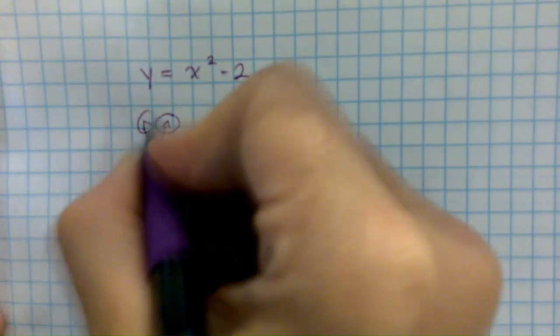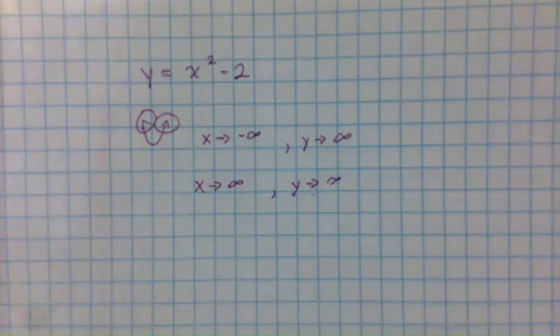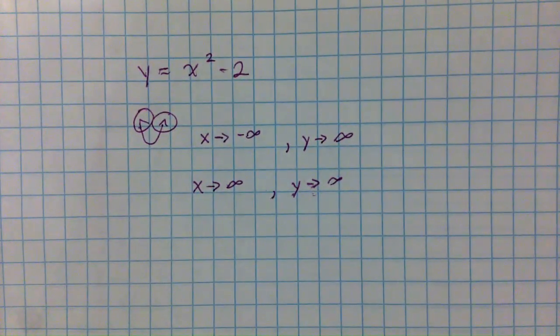So that's what these arrows are doing. There's no dividing by variables and there's no square root symbols, so there's no domain errors. So our domain is all reals. So really, once we get our intercepts, we should be good to go.